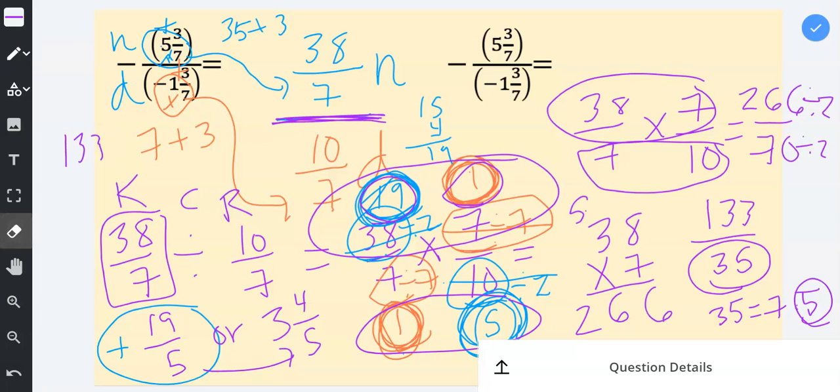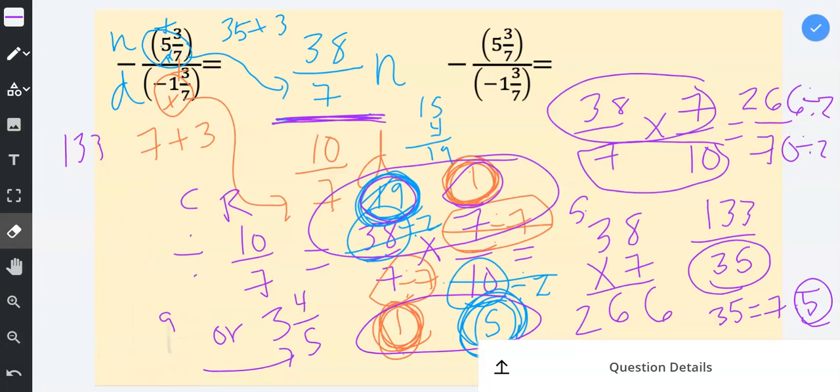So I'm going to have to erase some of my previous work to make room for this. So 7 goes into 13 once. And then 1 times 7 is 7, 13 minus 7 is 6, carry down the 3. 7 goes into 63 9 times.